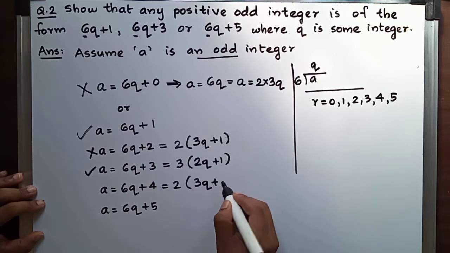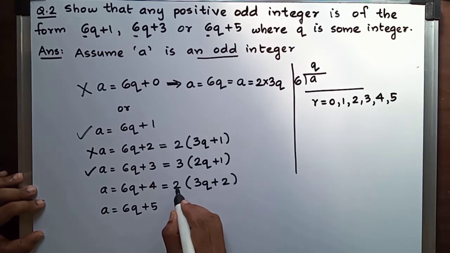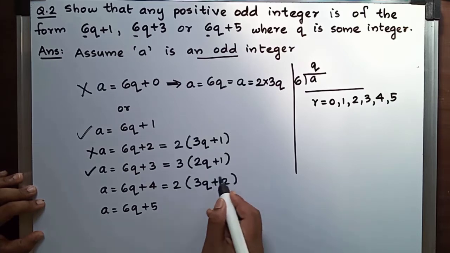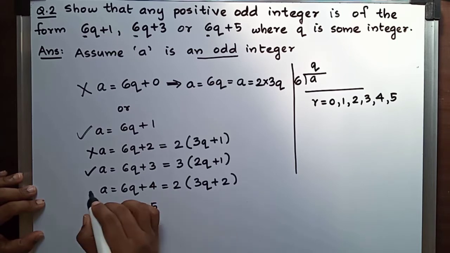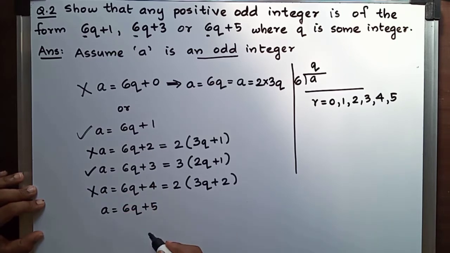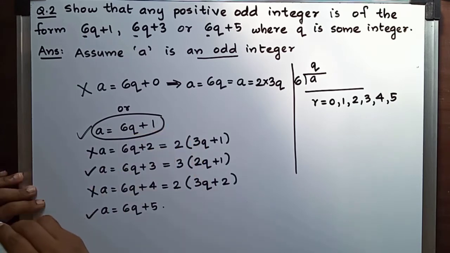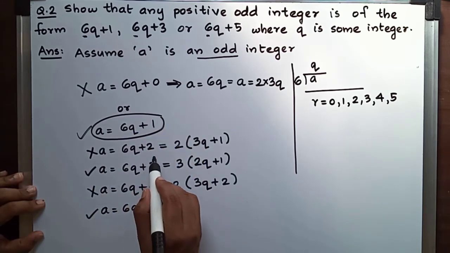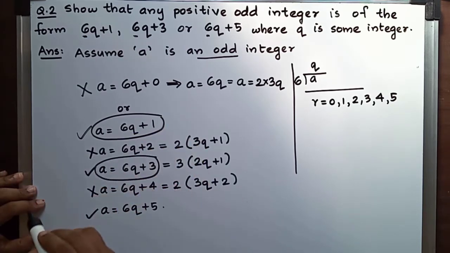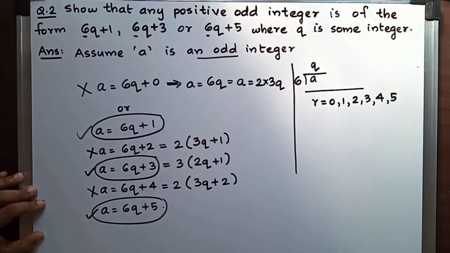Inside the bracket I will get 3q plus 2. See, here 2 into a number means this is not an odd integer. It is against our assumption. This one also an odd one. Okay, so which are the correct ones? A is equal to 6q plus 1, A is equal to 6q plus 3, A is equal to 6q plus 5. These three are the correct options.